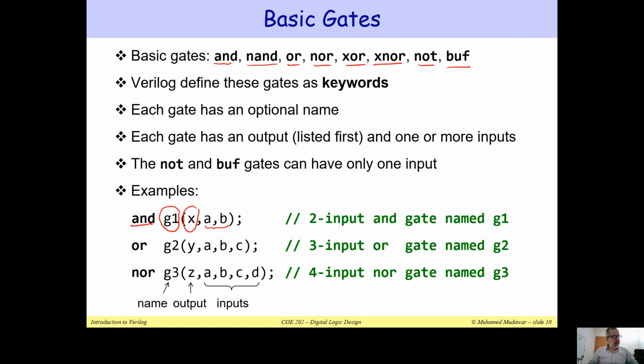You can have a gate with 2 inputs, with 3 inputs, with 4 inputs. So Verilog allows you to have multiple inputs, not just limited to 2, but more than 2 inputs for a gate. Except in the case of the NOT gate and the buffer, these have only 1 input. The NOT gate is the inverter, it only has 1 input.